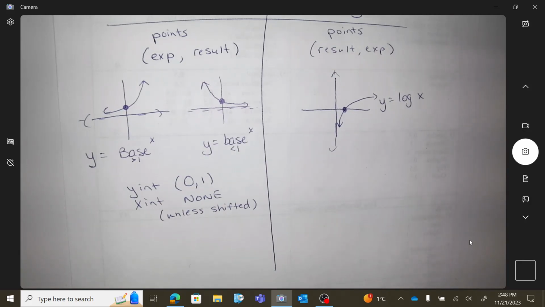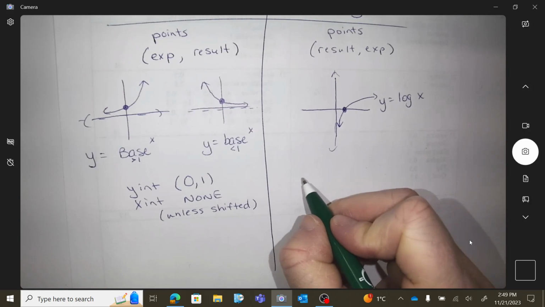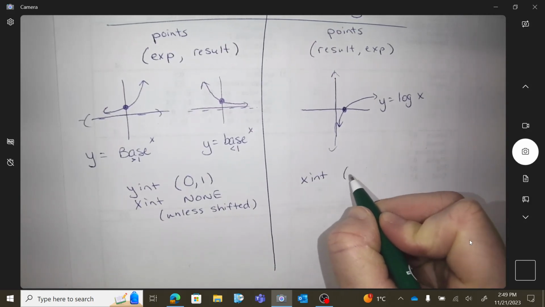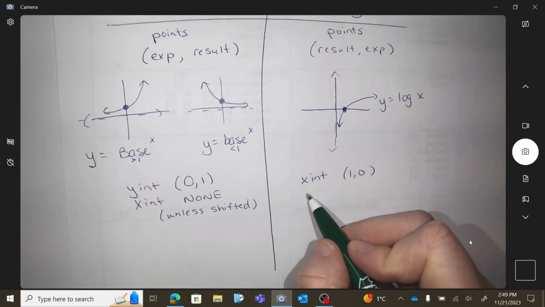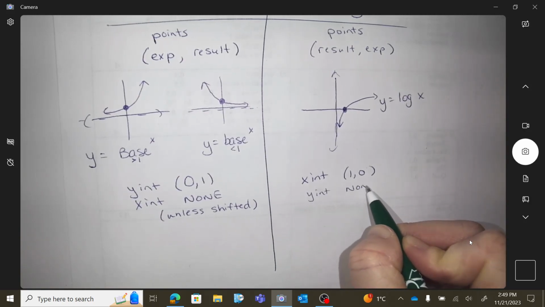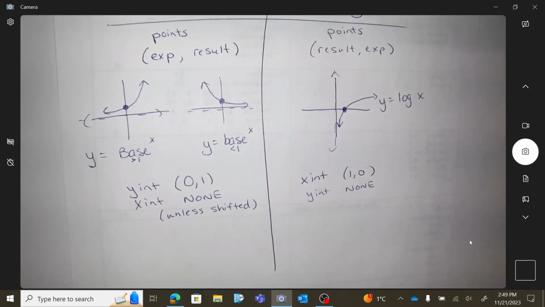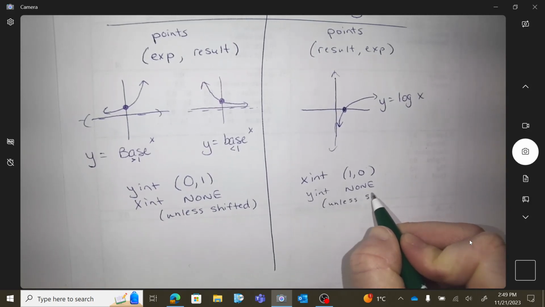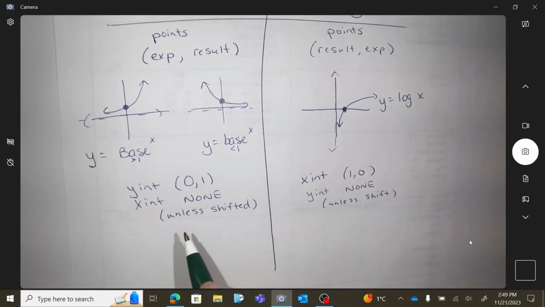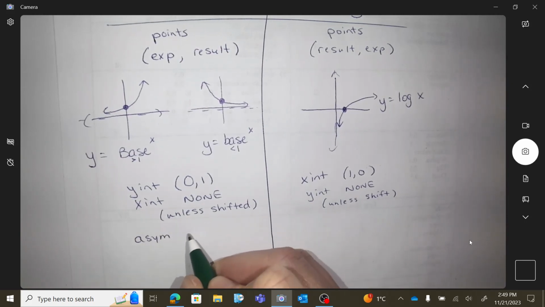So what would you change about a log graph? It would have an x-intercept. And a y-intercept doesn't exist on it. Again, unless there is some kind of shift, right? Okay, what else do we know?